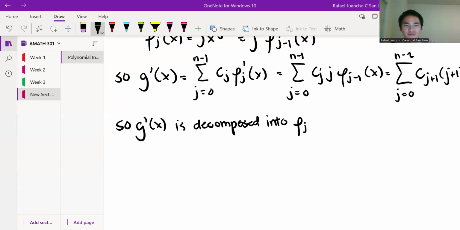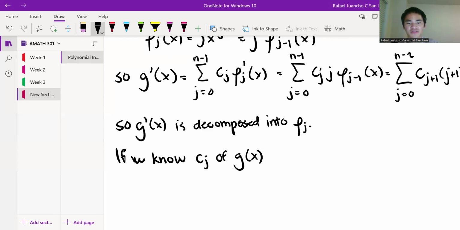And moreover, if we know c sub j, right? So let's say we know exactly what c sub j is. If we know what that is, of my function approximation g of x, we can find coefficients of g prime of x, right?